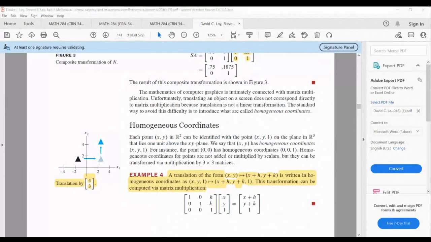I hope this makes sense then, what they're doing there in example 4. Our previous 2 by 2 matrices, that's correct, Mikhail, would be equivalent to 3 by 3 matrices. Let's look at an example.